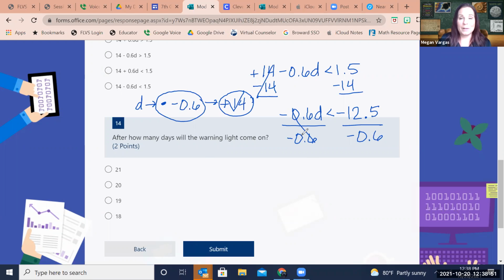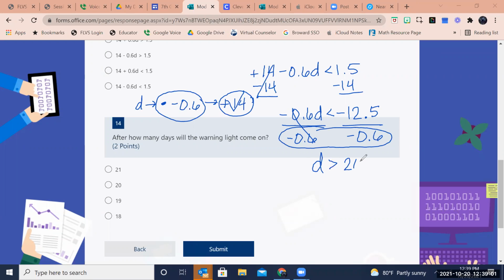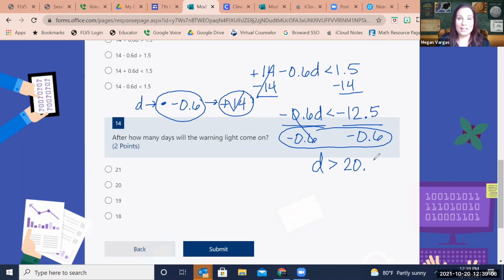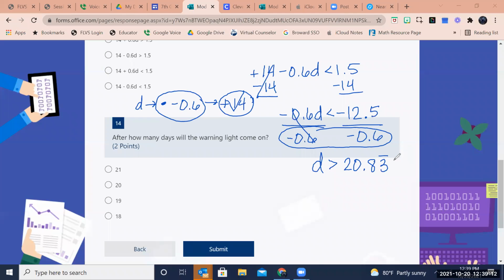A negative divided by a negative is a positive. And because I divided on both sides by a negative, I have to flip. I got 20. Yep. What'd you get? I got 20. 0.833333333, right? Yeah.